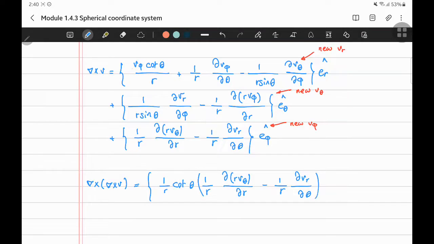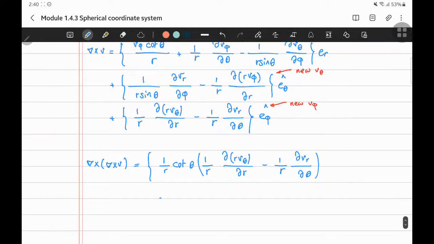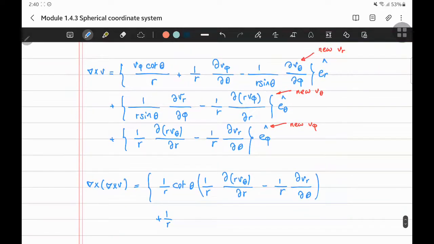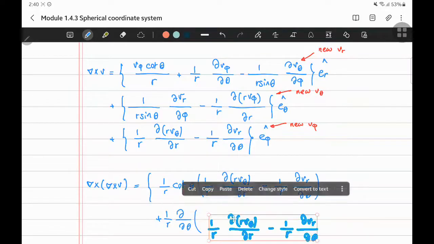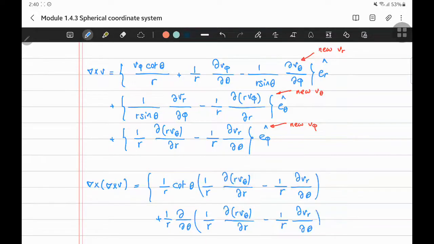So I have my first term here, then plus 1 divided by r. So I have the partial derivative of v phi with respect to theta. So again, I paste this v phi from here, again, paste it here.